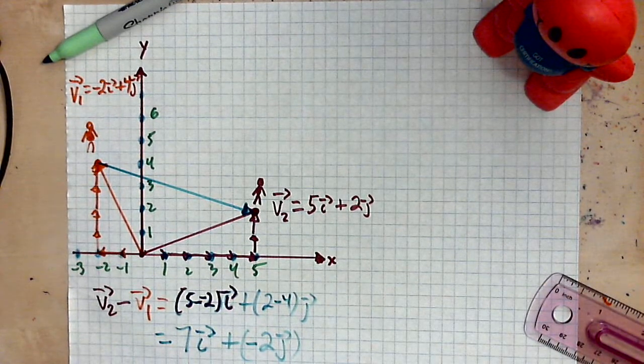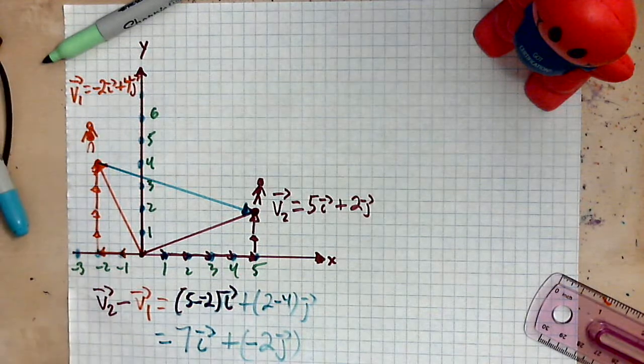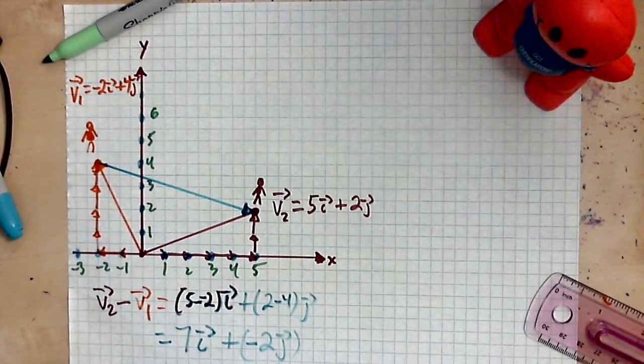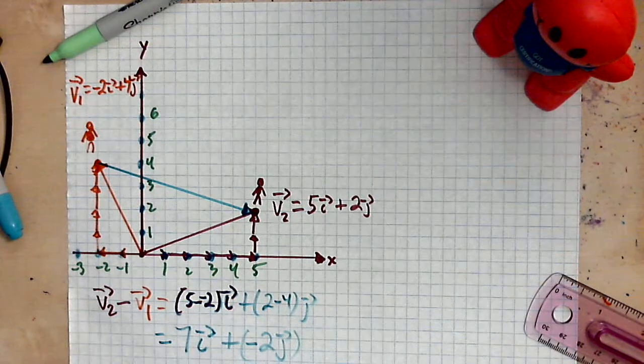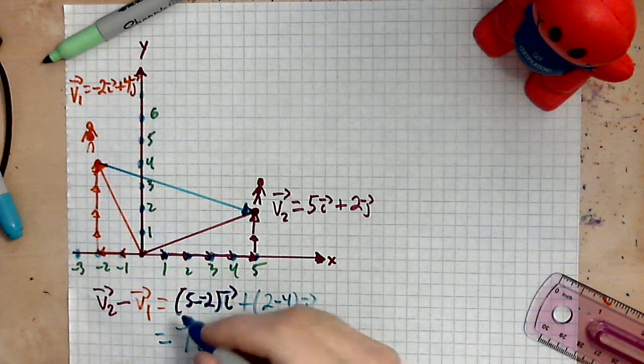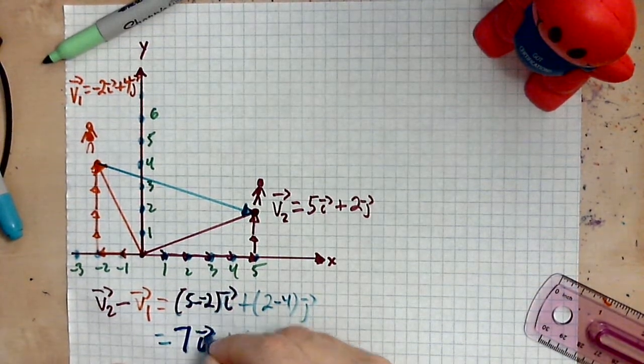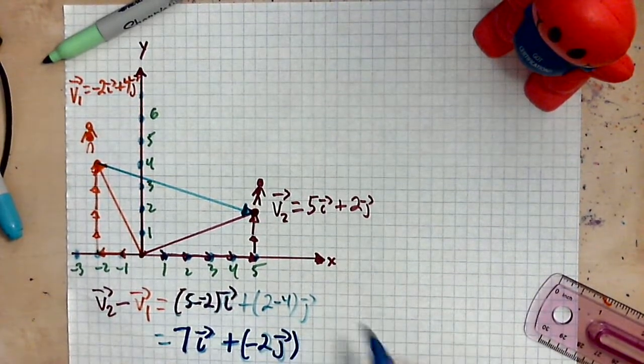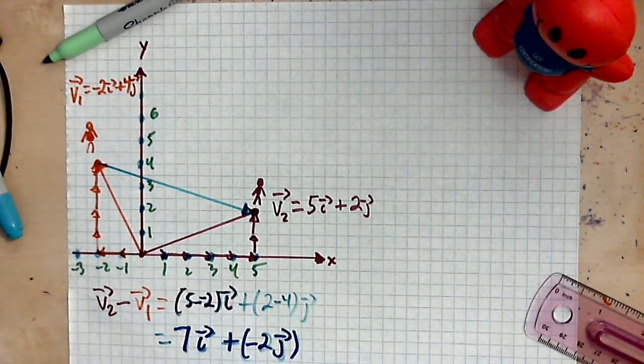And I have to grab another marker because this one is not serving well anymore. So this, and then minus 2j. Perfect. Okay? So now the question is, let's understand what this vector is.